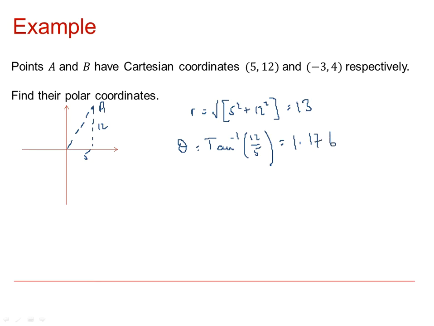That's fine for this point because we want the angle to be in the first quadrant, and 1.176 definitely is. Therefore, A has coordinates 13 and 1.176 radians for theta.